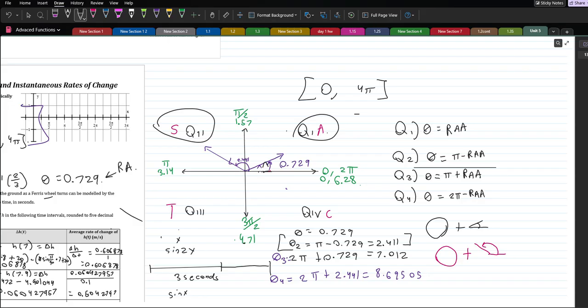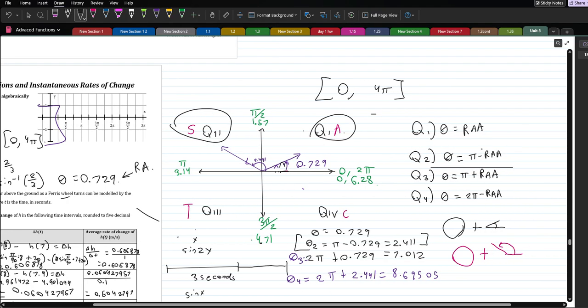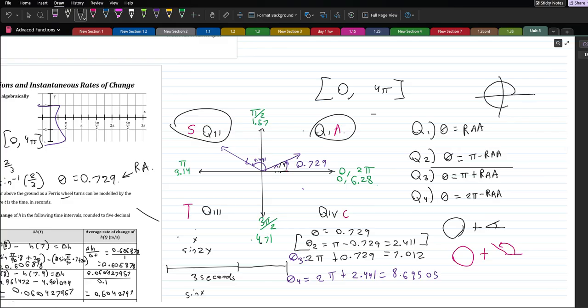Now, you might remember that for this, we're making the interval 4 pi. All this means is that instead of just going like this, you just add another layer to the angles. So now what you would do is, starting from here, you would go all the way around, and then you would also go here. Your new angle would be 2 pi, which is the whole circle, plus 0.729.